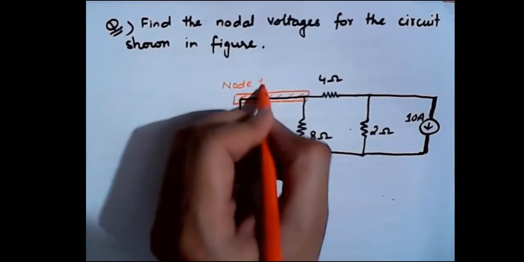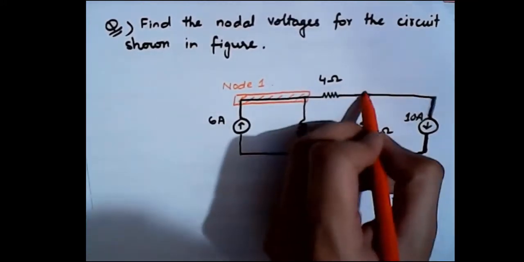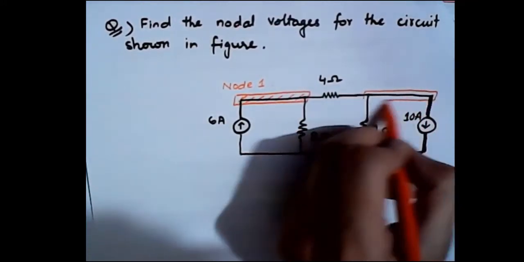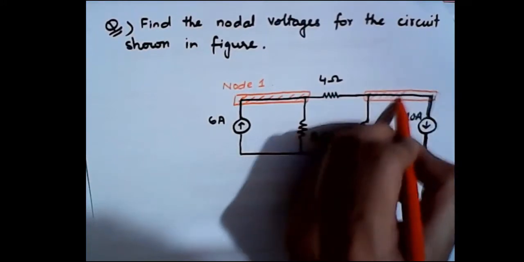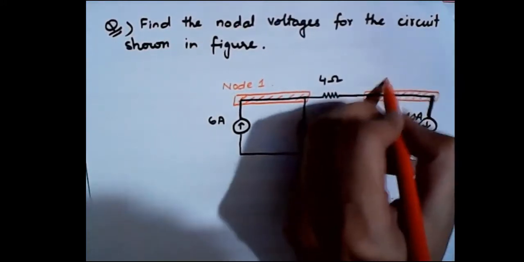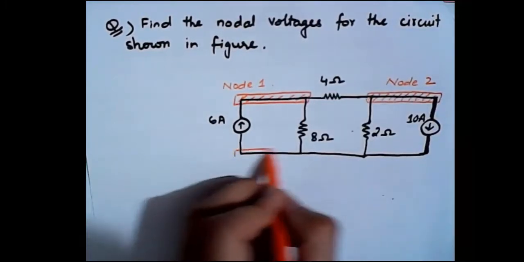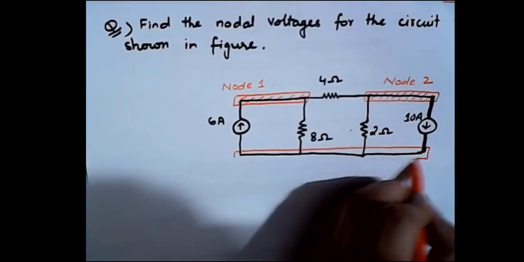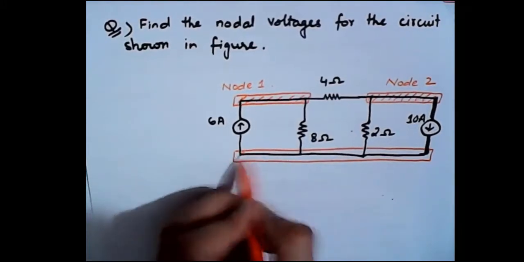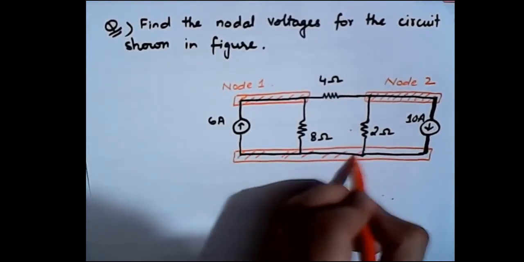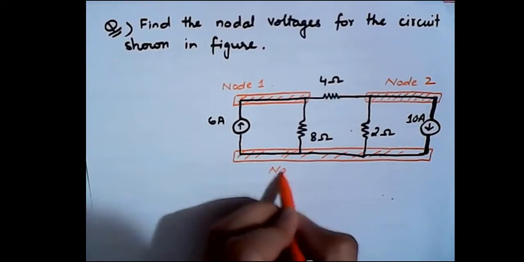We can write it as node 1. Similarly, this again will be a single node due to the short circuit, and we can write it as node 2. And the third one, this one, will be taken as node 3, right?